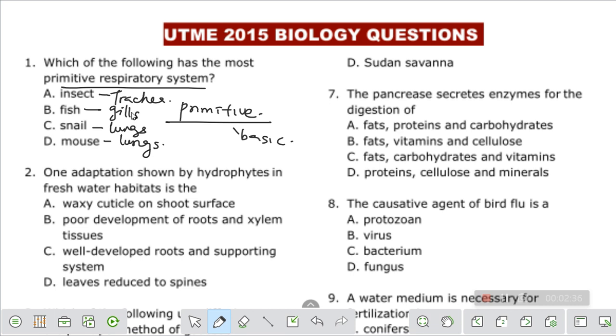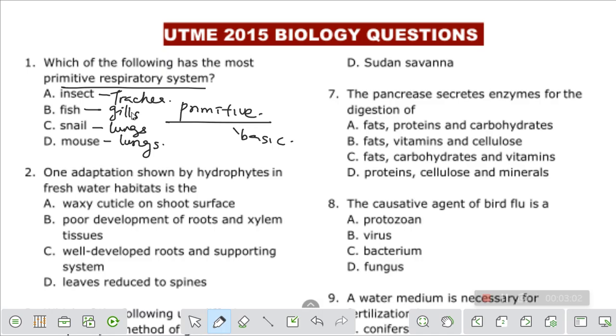At times, I told you one logic: when you don't know whether a particular organism is using lungs or gills, animals that live inside water most of the time use gills, though not all of them, like the whale.